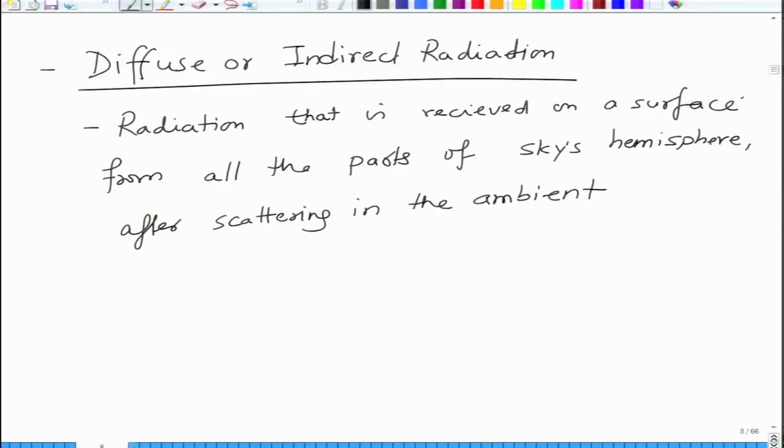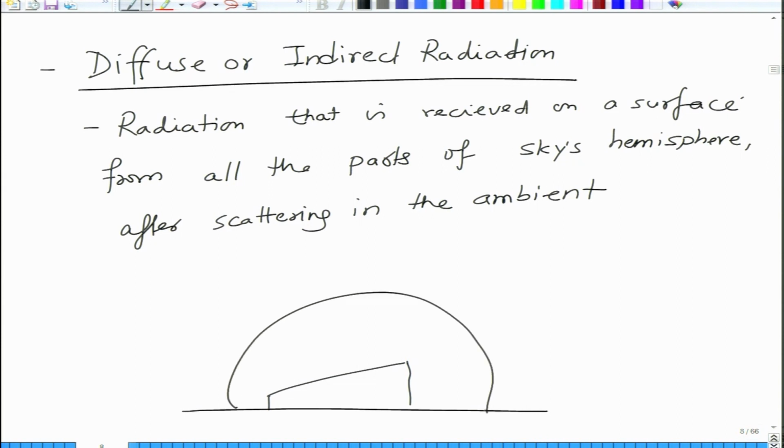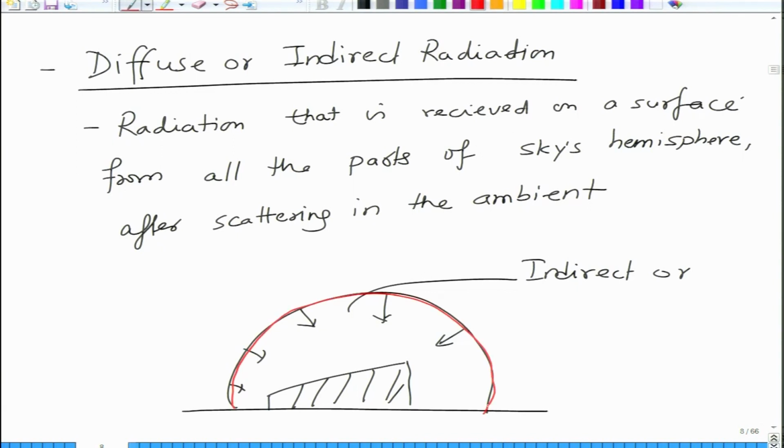This is what is called diffuse or indirect radiation. If you have this surface again, and let us say this was a solar panel, the diffuse radiation would be coming from all the sides, from here, here, here, here. This would be the indirect, and if I color it differently, this is your indirect or diffuse radiation.